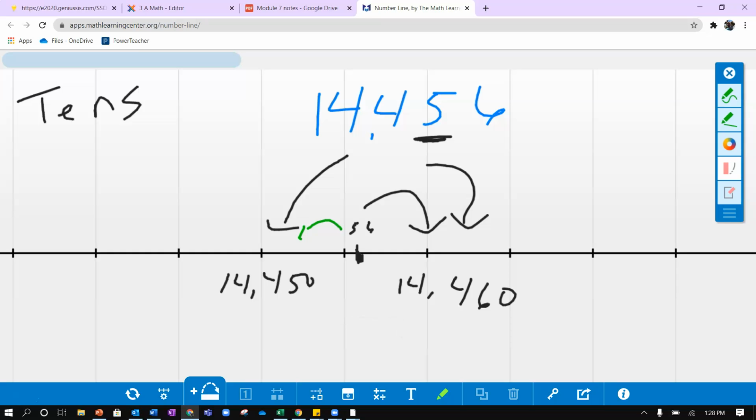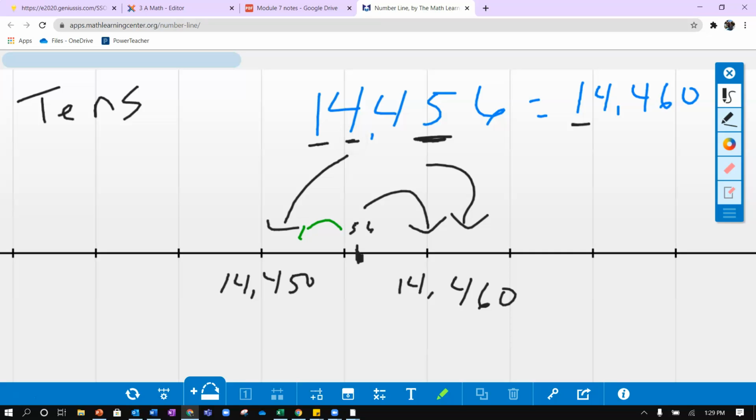So if I'm rounding 14,456 to the nearest 10, my answer would be 14,460. One thing I'd like to point out, just to make sure it's clear, is that in my answer the 1 stayed the same, because I'm not counting by 10,000s.